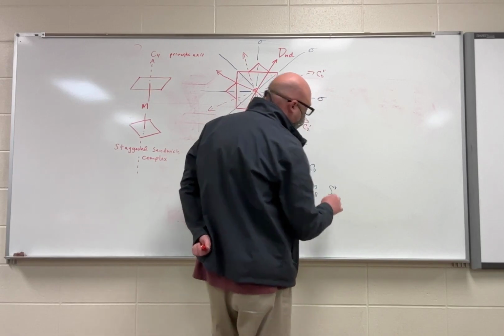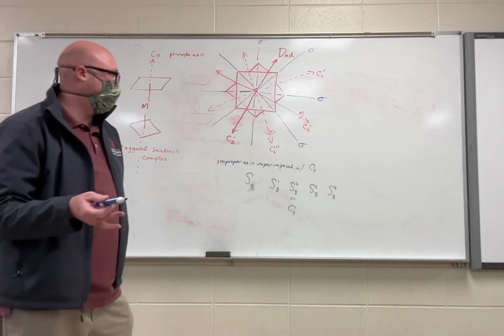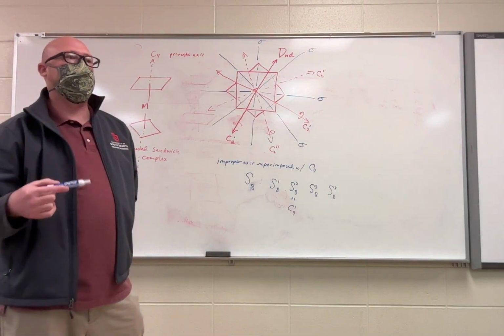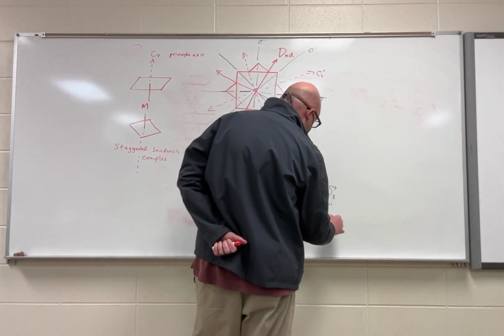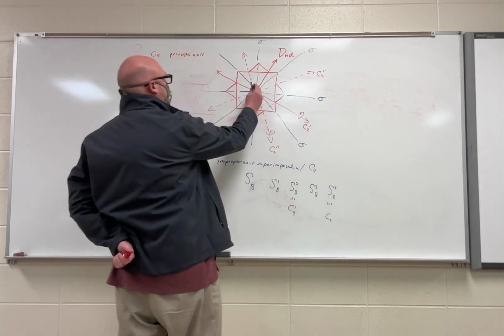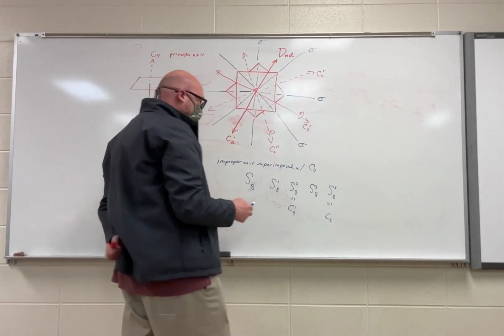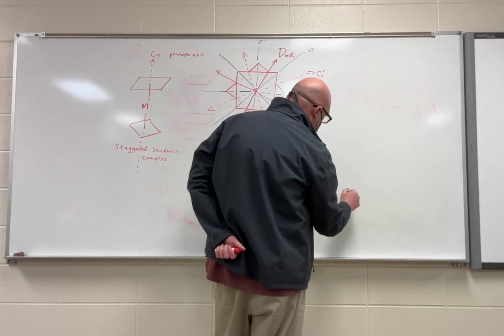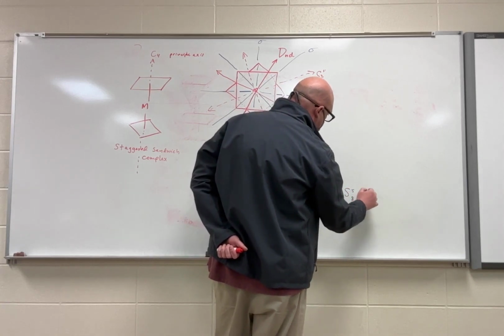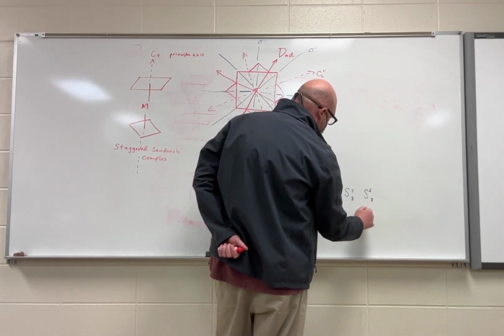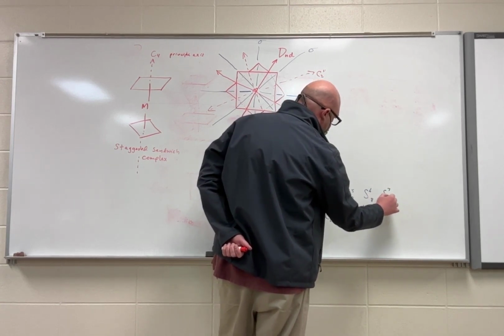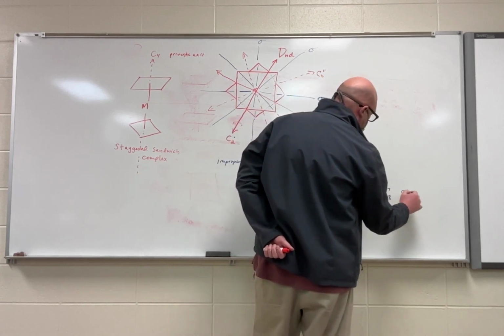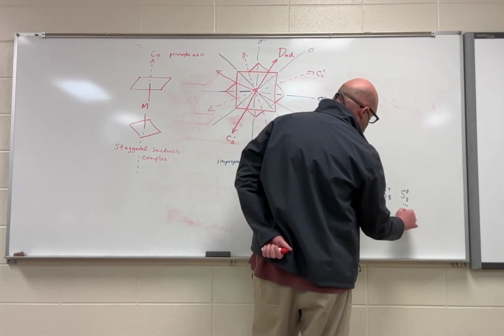So 4 reflections cancel out. This is a C8^4, which is a C2, which is in this direction. Then there's S8^5, S8^6, which is equal to C4^3, and then S8^7 is unique, S8^8 is equal to identity.